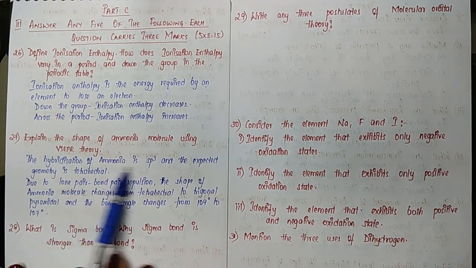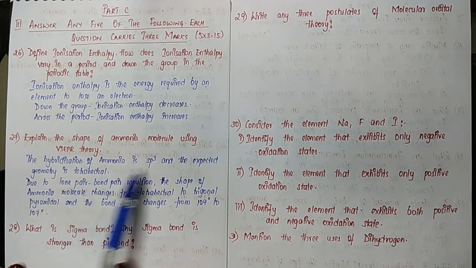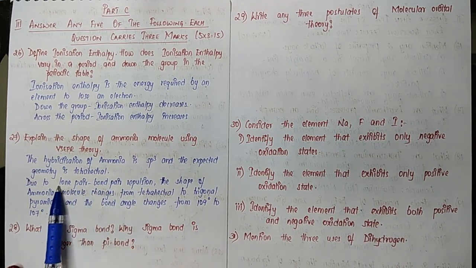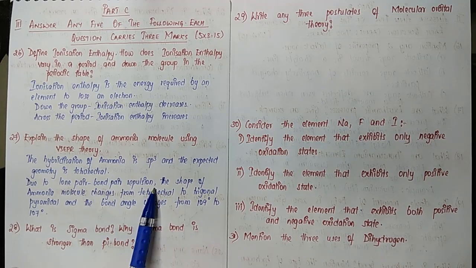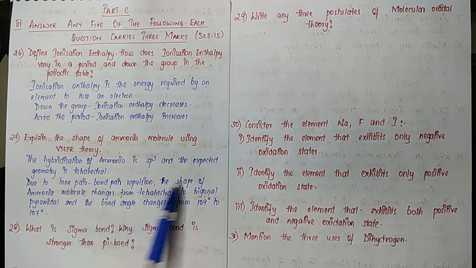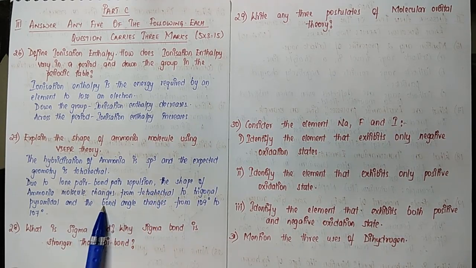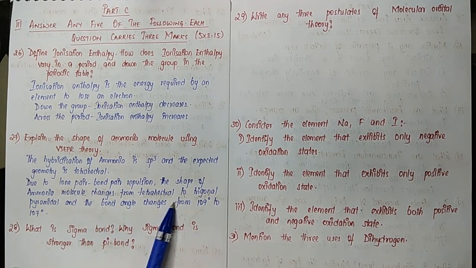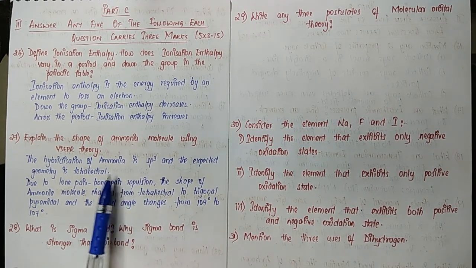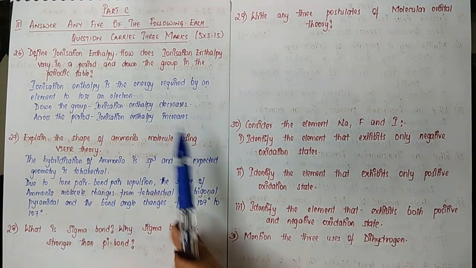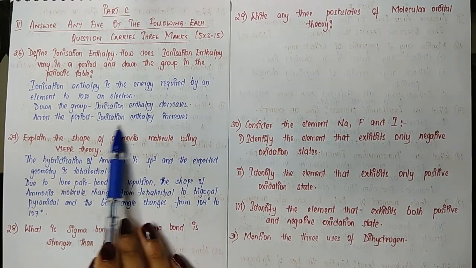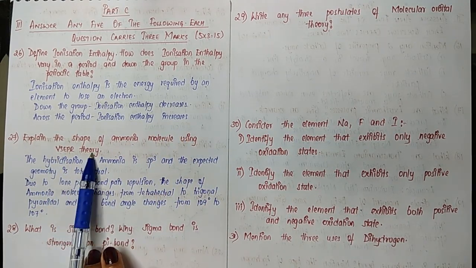So when you mention the expected geometry and hybridization, you get a mark. You mention the reason why there's a change from one shape to the other, you get another mark. And then you mention the change in the bond angle, you get a third mark. So it's a 3-mark question trying to explain the entire detail why there is a change in the shape of ammonia based on VSEPR theory.